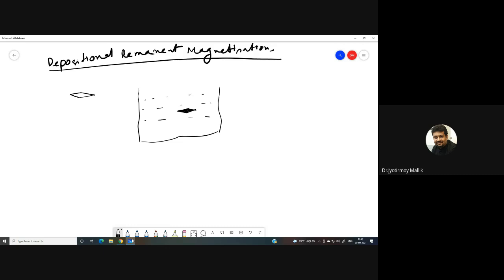It's like a bit of a battle going on, and sometimes we do find that in depositional remnant magnetization, these magnetic grains align themselves according to the direction of the then magnetic field. Now, of course, because of these mechanical forces, you encounter two types of errors. One is called declination error.